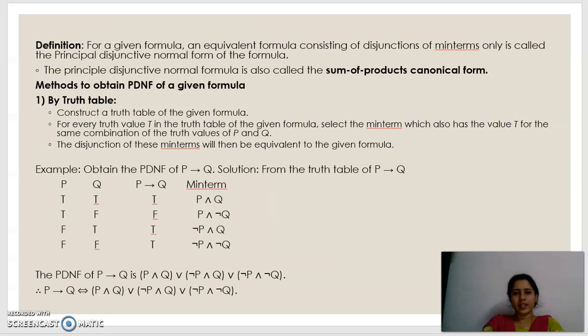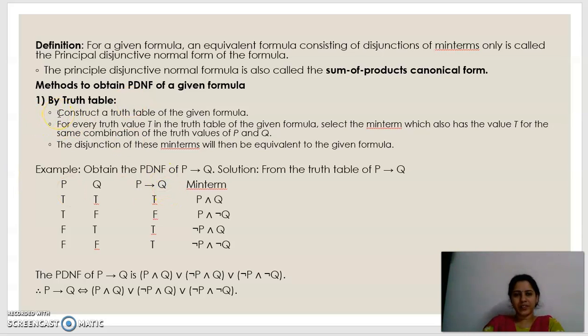Now let's see the definition of principal disjunction normal form. For a given formula, an equivalent formula consisting of a disjunction of min terms. Min terms contain conjunction, and a disjunction of min terms means that within the brackets we have min terms connected by AND, and outside the brackets we have only ORs.